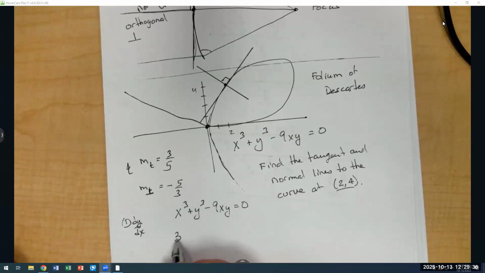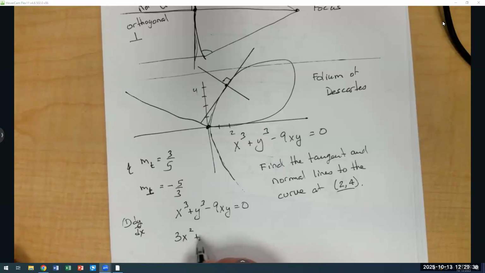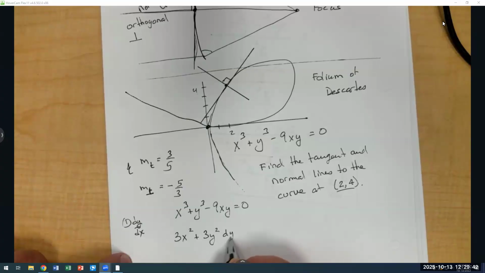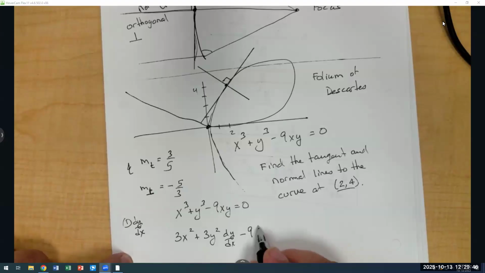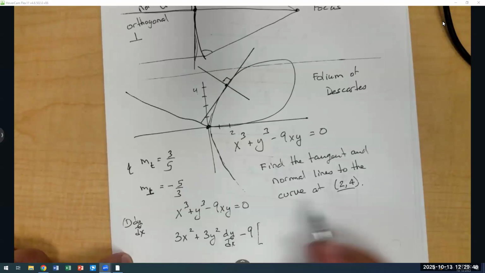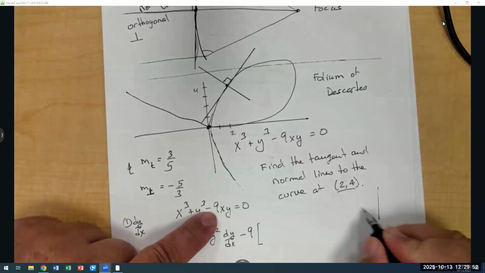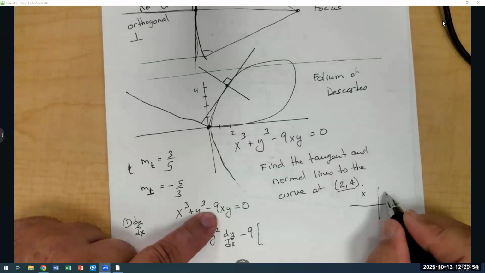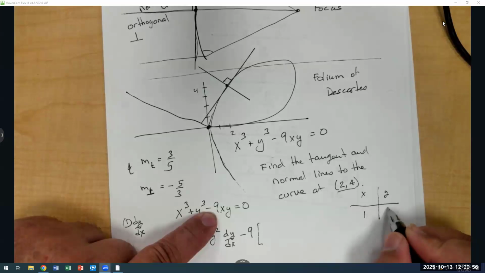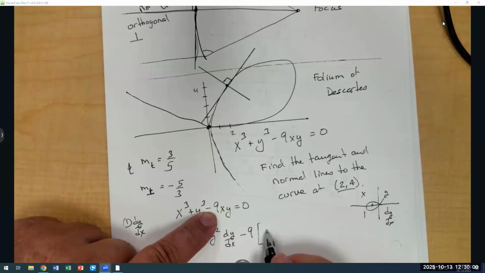So we have 3x squared plus 3y squared dy/dx minus 9. This is going to be a product rule. x times y, so it's 1 times y plus x dy/dx. So it's y plus x dy/dx.